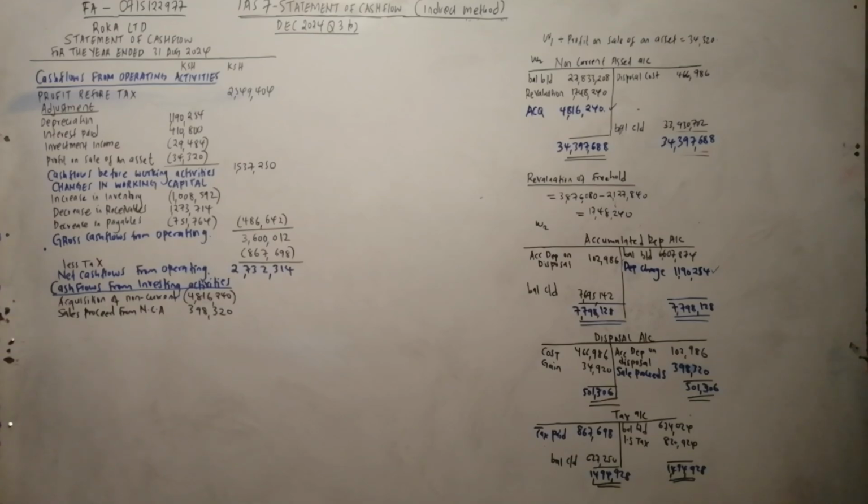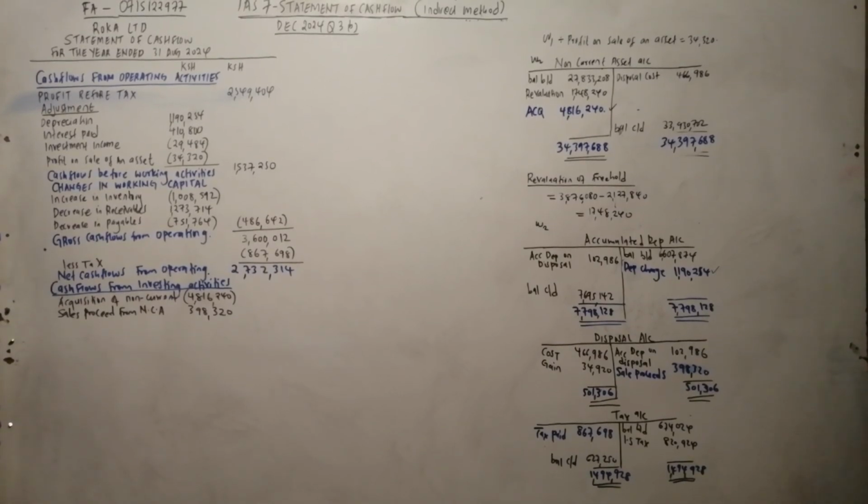You can add investment income. Investment income tunaweza iweka hapo, or you can put it under financing. Now investment income, ilikuwa ndio hii hapa, this one 29484. So mimi nitaiweka under financing activity, au tunaweza iweka pia hapo. So investing activities, why do you think we should put it?